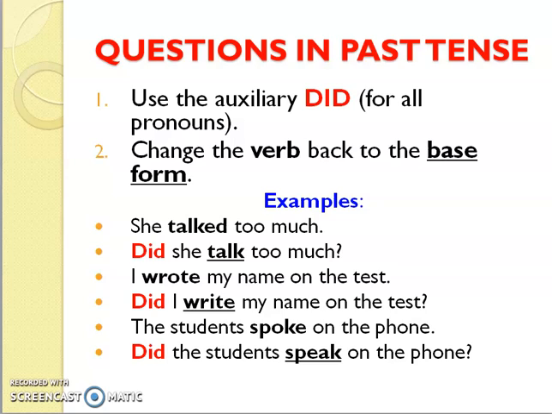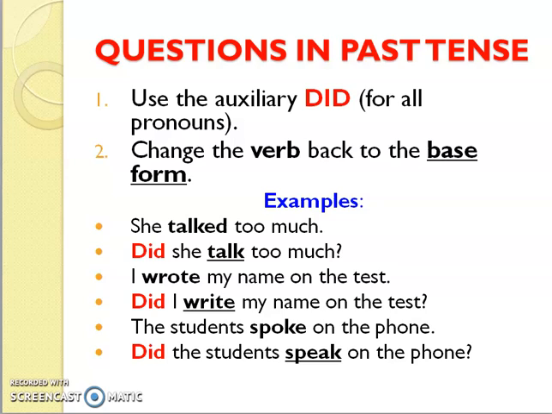For example, she talked too much. Did she talk too much? As you can see, we changed the verb back to the base form because we express the tense form of the verb with the help of the past simple tense of the auxiliary verb do. It is did. Did she talk too much?